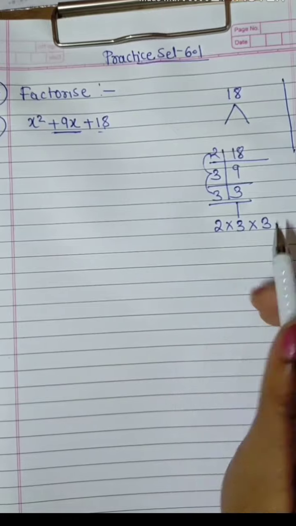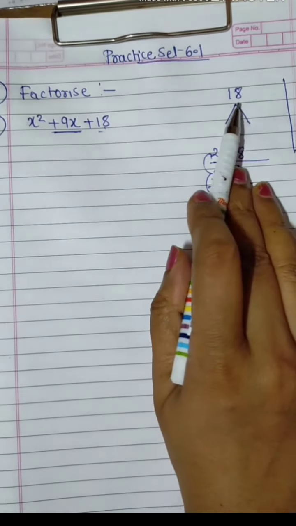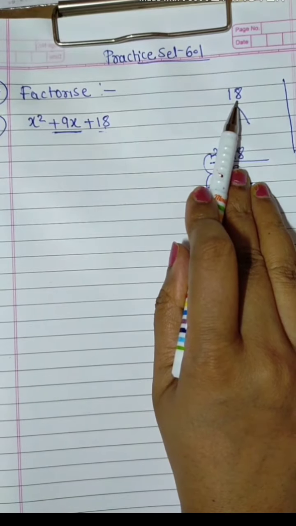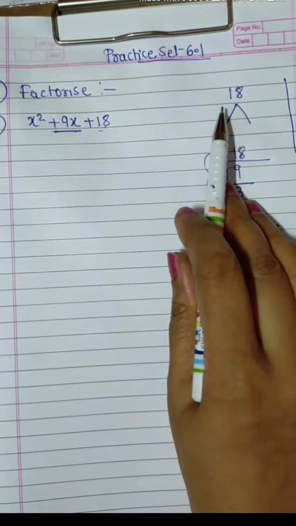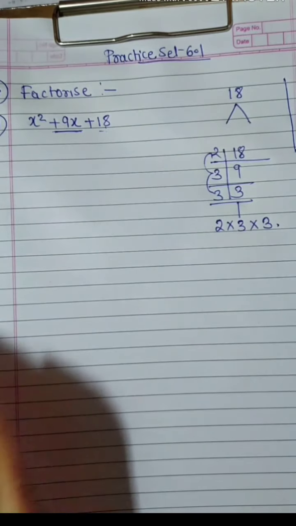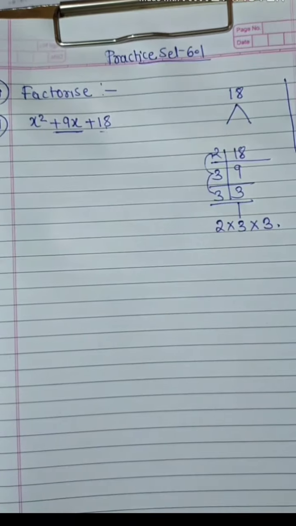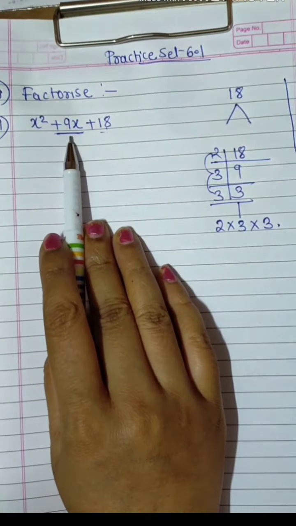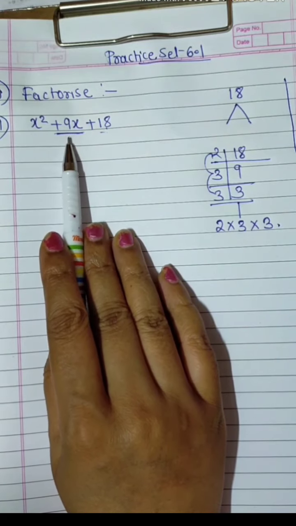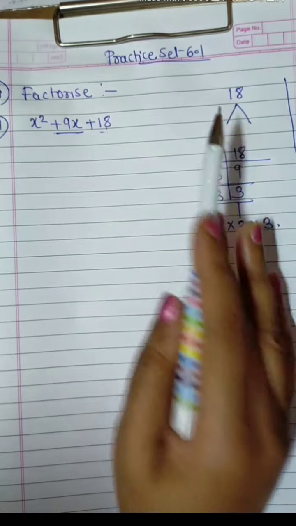So we have to find out that when we do multiplication 18 should come, and when we do addition the sum should come. So when we do addition 9 should come, and when we do multiplication 18 should come.